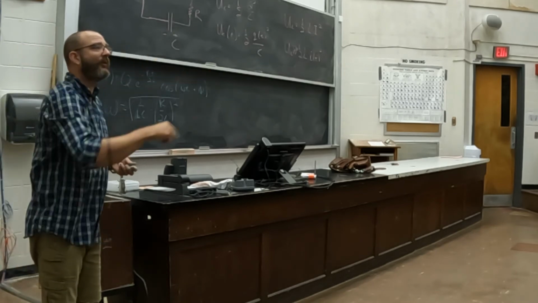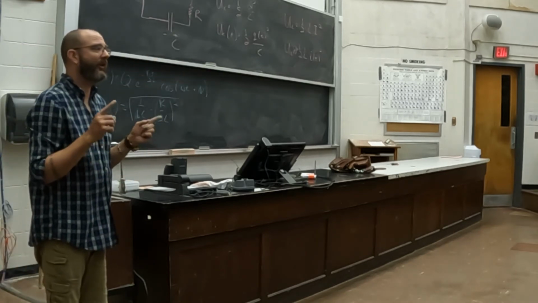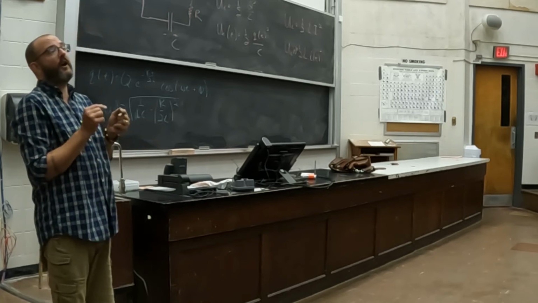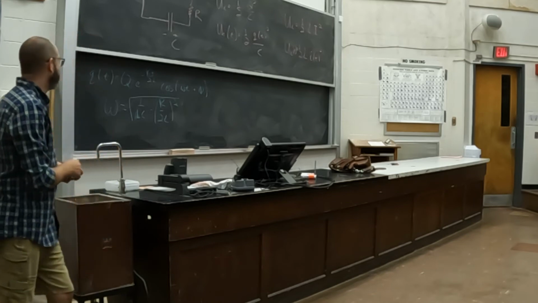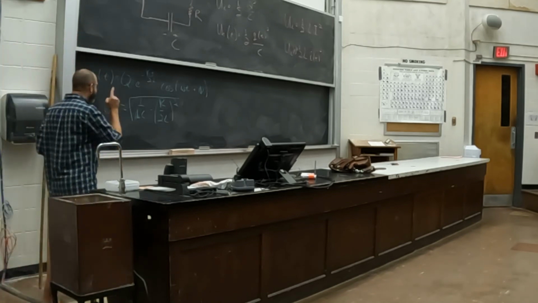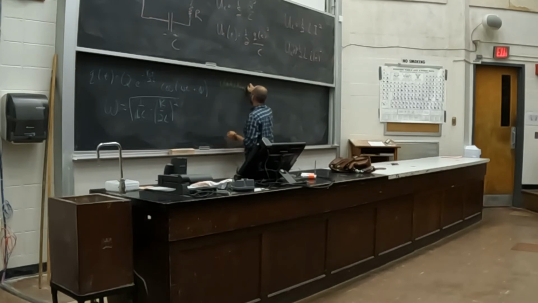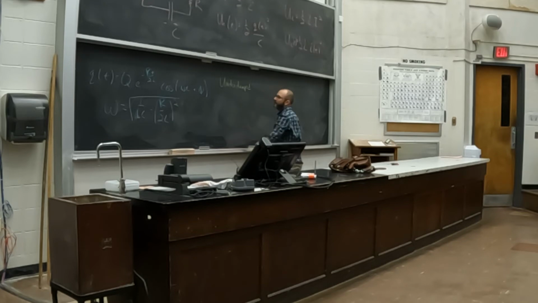The first one I said was the underdamped case. What was the hallmark of that? There are oscillations, right? So if there are oscillations, there clearly is an oscillation frequency. What that has to mean, because this is under a radical, is that 1 over LC is greater than R over 2L squared.